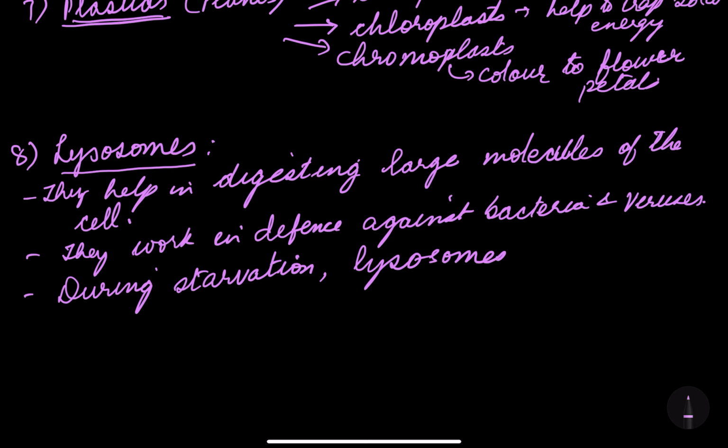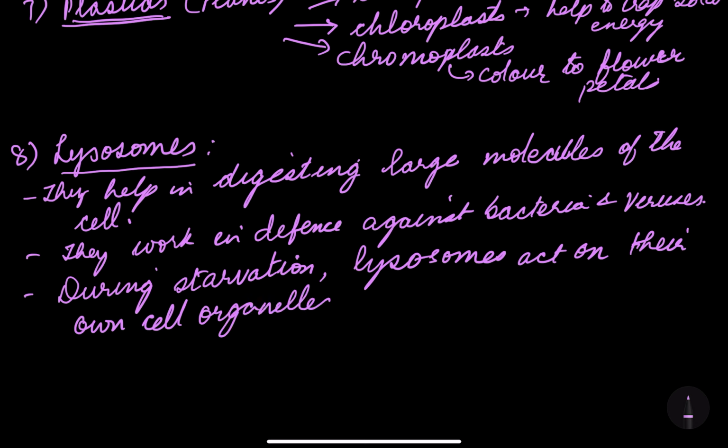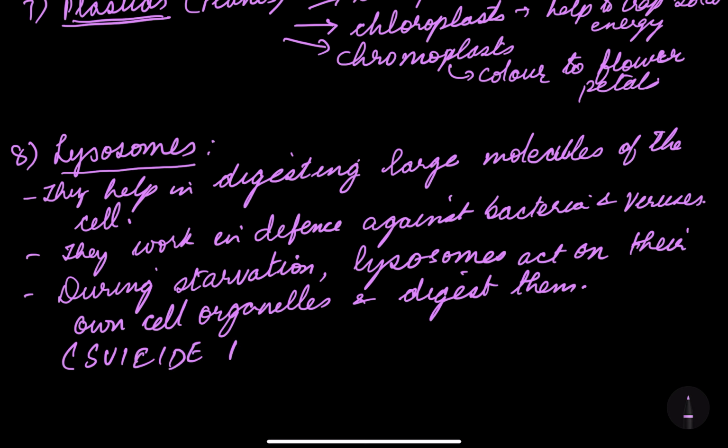So lysosomes act on their own cell organelles and digest them, and thereby killing the cell. Okay, so that is why they are referred to as suicide bags of the cell.